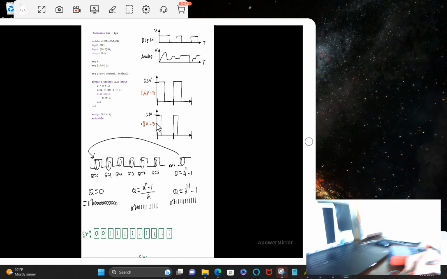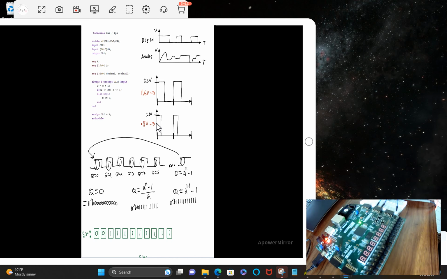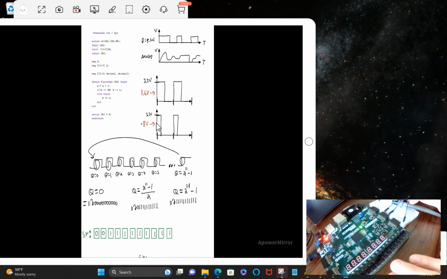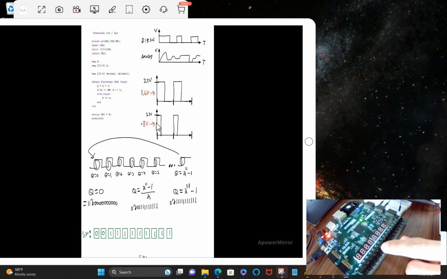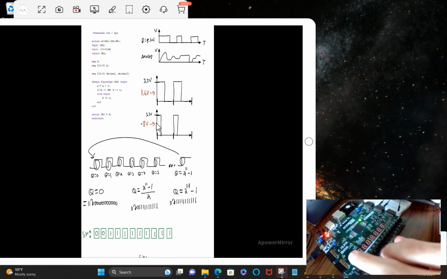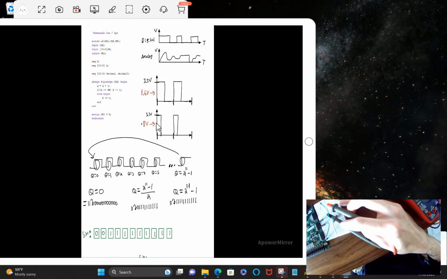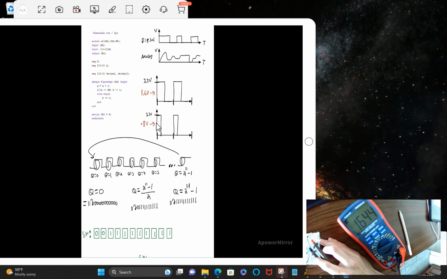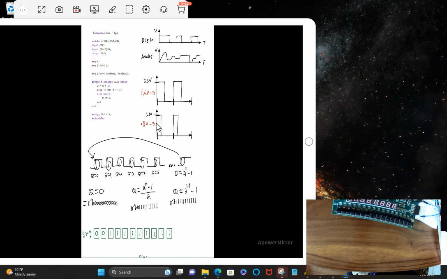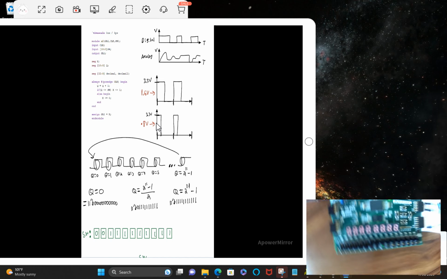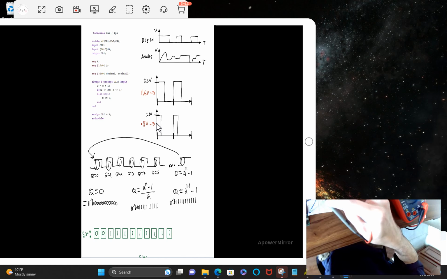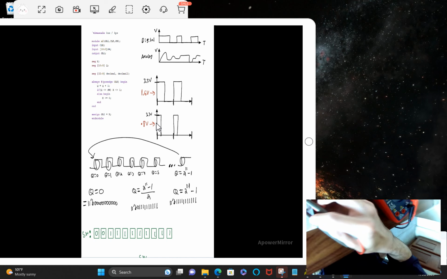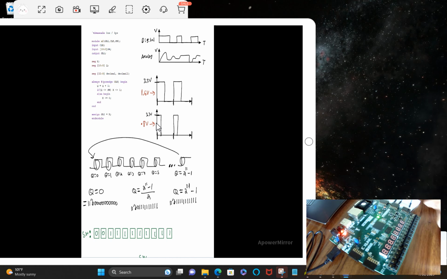And let's turn the other switch on. So now it should go up to be around 1.6. And let's turn all the switches on. So it should be 3.3 now. Let me just measure it again.